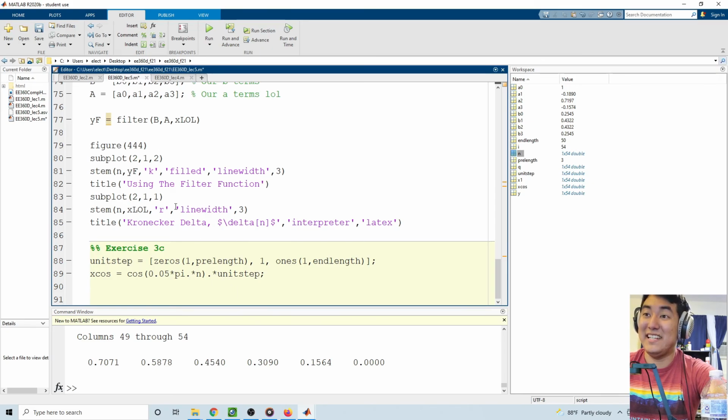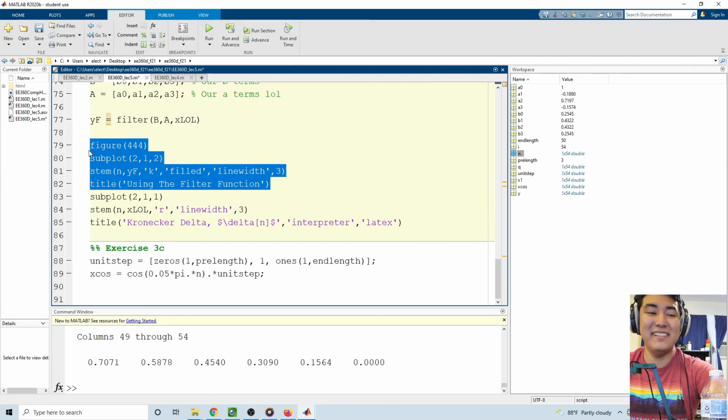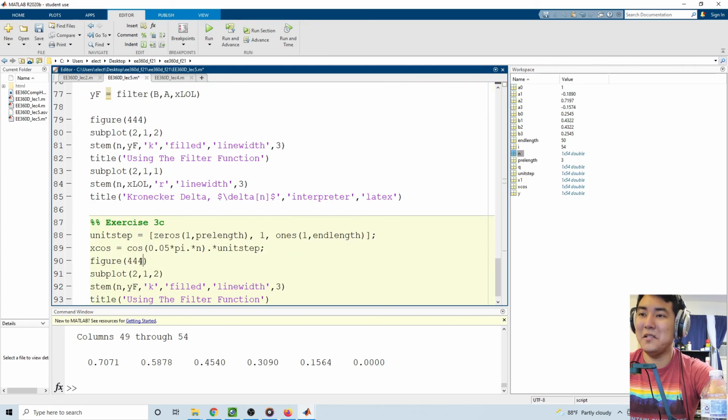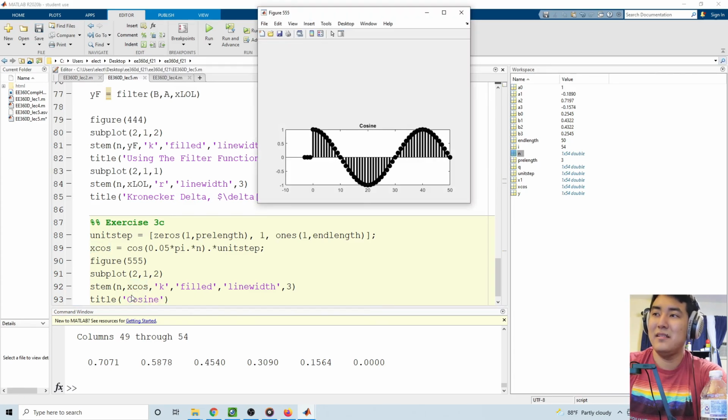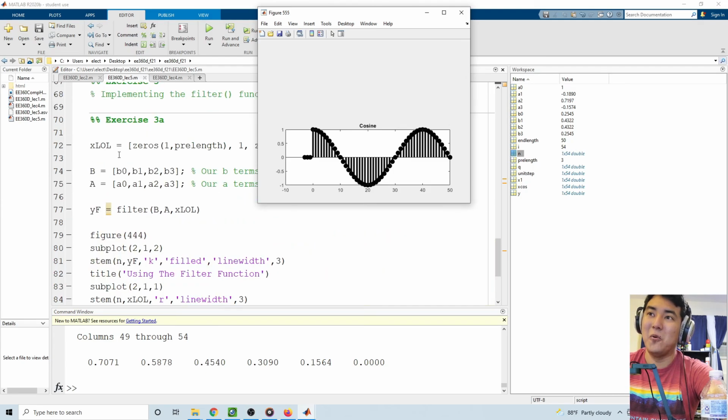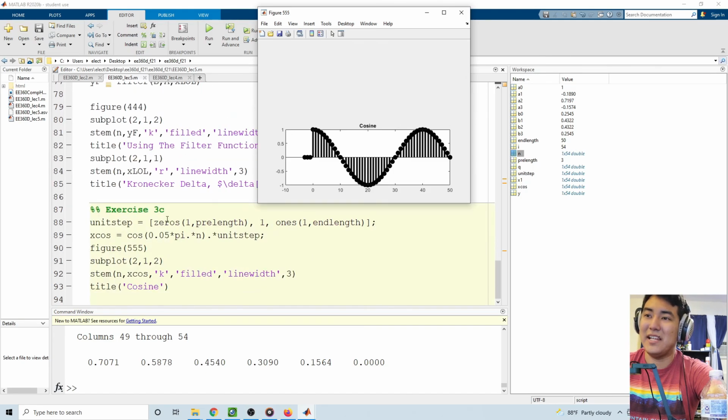And then because I am lazy and I kind of have to go to sleep, x cos, the input cosine. There you go. That's your input for exercise 3C.